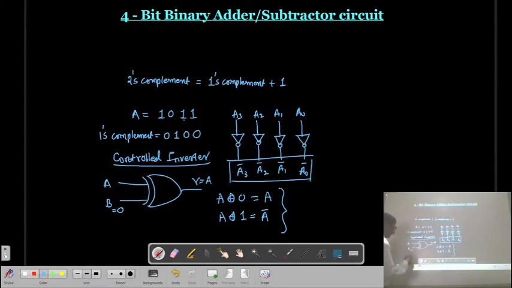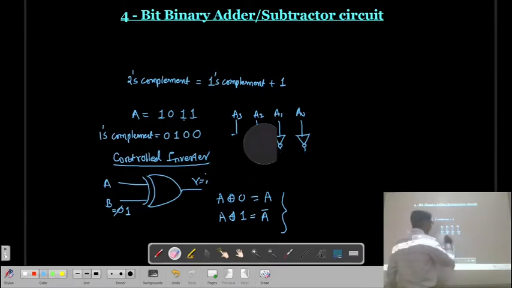But if this B input is high, then Y is going to be A bar, it is going to be complemented. So if we use 4 exclusive OR gates, then B can complement a 4-bit binary number. So let us see that circuit.